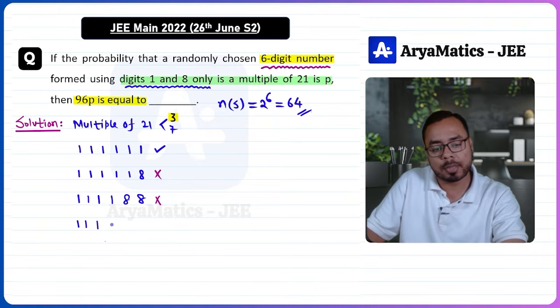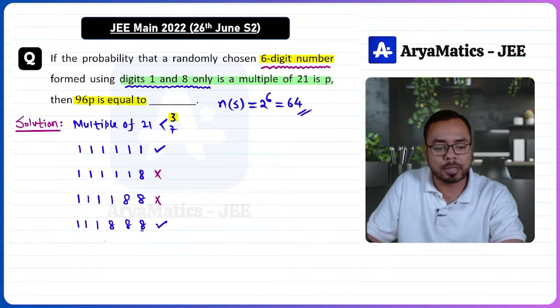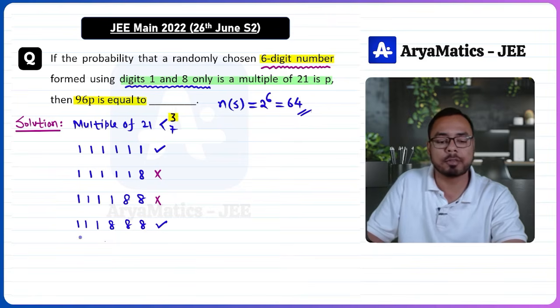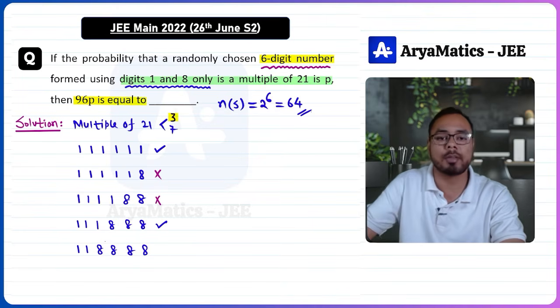Another possibility will be that we can use 3 ones and 3 eights. Now again, here this number will be a multiple of 3. So this is another case where the numbers formed using these digits will be multiples of 3, right? Next possibility will be we can use 2 ones and 4 eights. 8 into 4, 32 plus 2, 34.